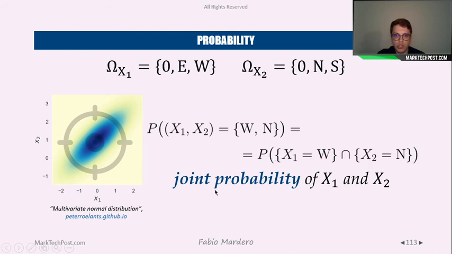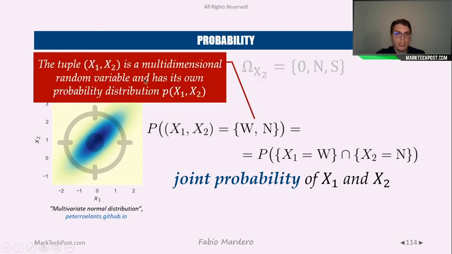This is called the joint probability between these two variables. As the symbol means, the intersection of two events means this event and this event, so north-west. So this tuple is a multidimensional random variable and can also be described as a single multidimensional random variable, and has its own probability distribution, P of x1, x2.